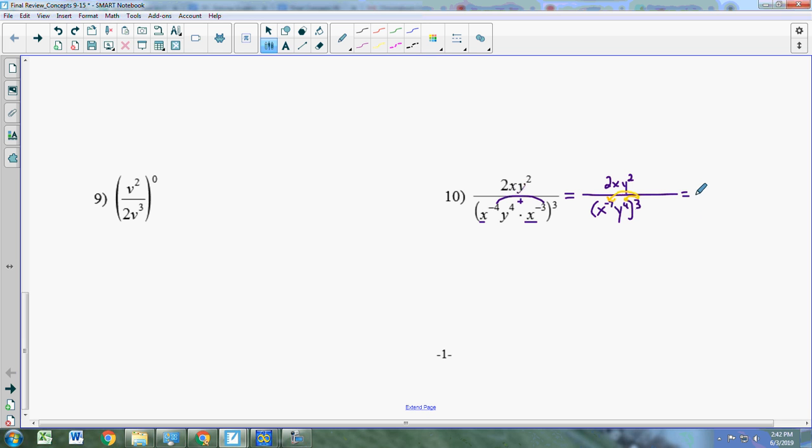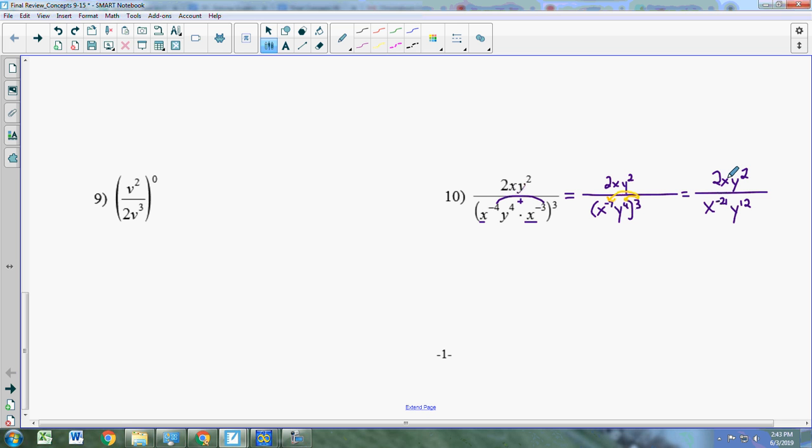So now the top still is staying the same for now. And now we're going to have x to the negative 21 and y to the positive 12. All right. So now there's a couple different ways we could look at these. One way is subtracting.